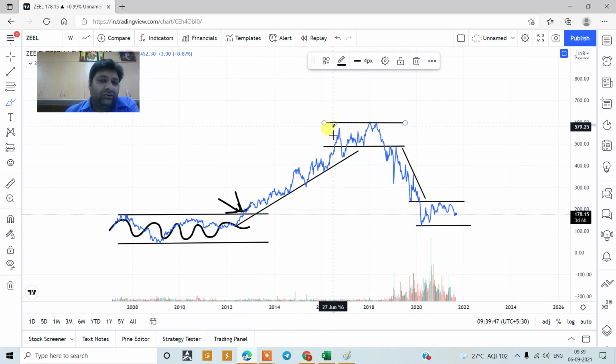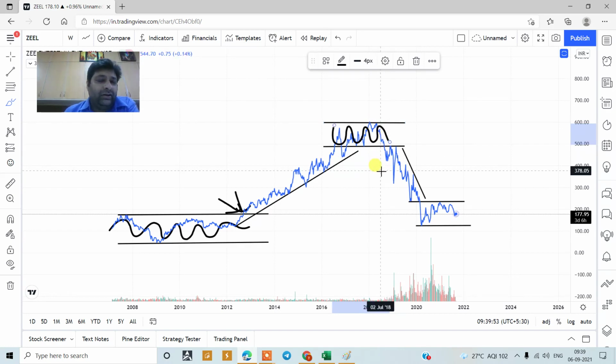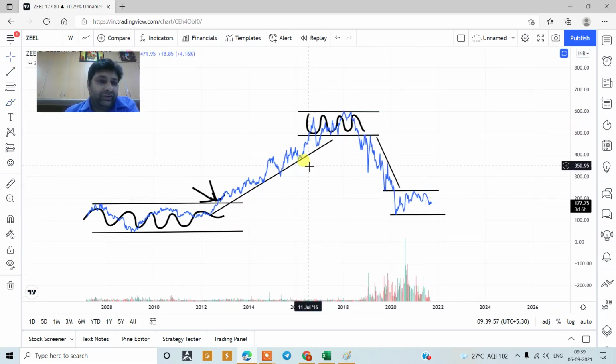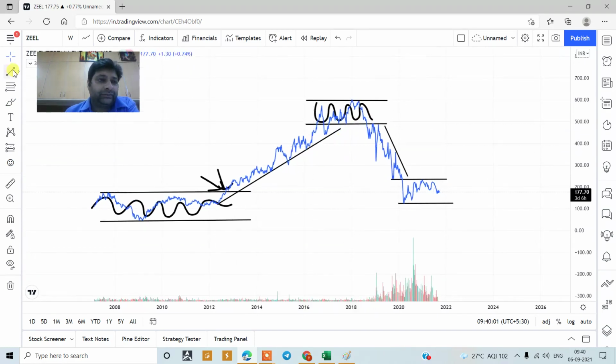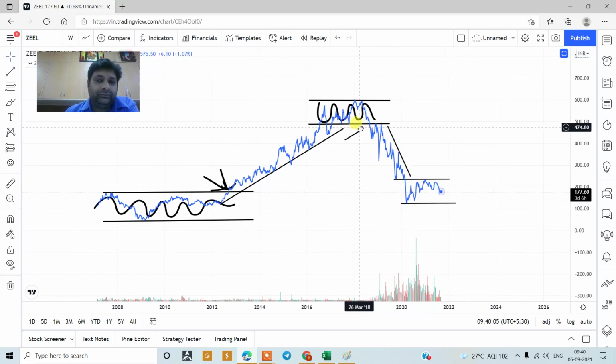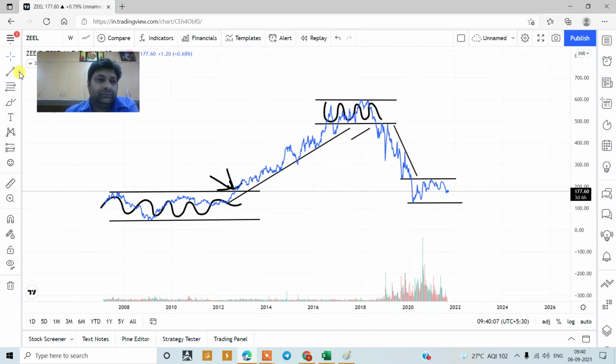What happens? The stock was again hovering in that zone. Now I cannot tell this as a distribution phase in the beginning, but as soon as it gave this breakdown, this was the distribution phase.